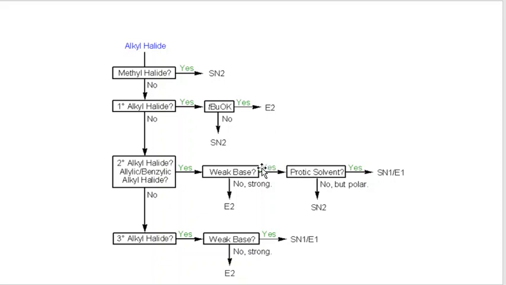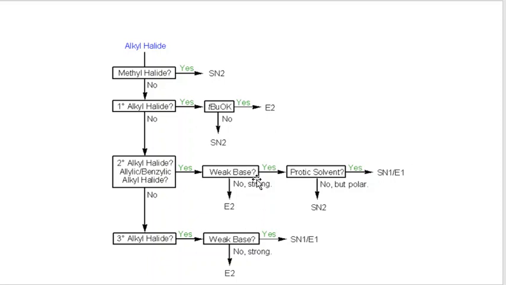It's just kind of hanging out, waiting for the carbocation to form. Or if you have a polar solvent that is not protic, then you could also get an SN2 reaction, assuming it's a weak base, but it could be a weak or a strong nucleophile, and you could get that SN2 reaction.